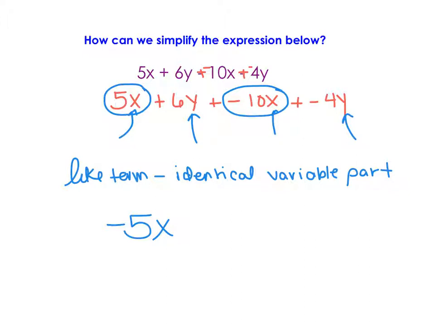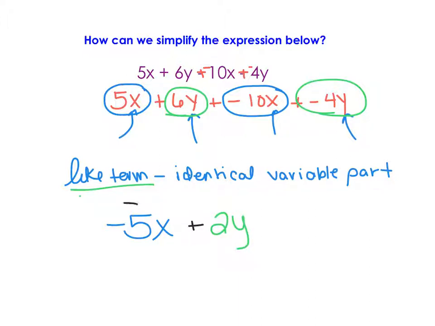Then if we look at the next thing, we have 6y and a negative 4y. Those are like terms because they have an identical variable part of just y. If we add them together, they combine to be 2y, because 6 plus negative 4 is 2.